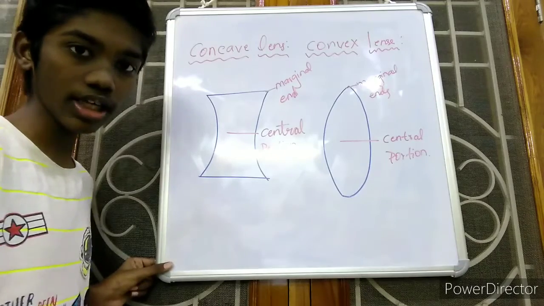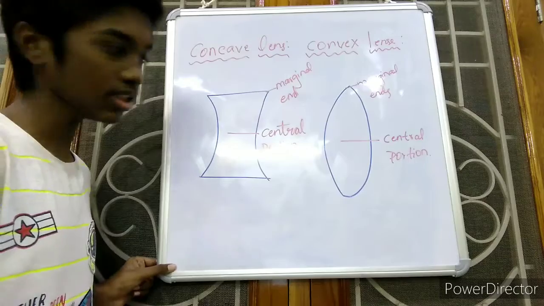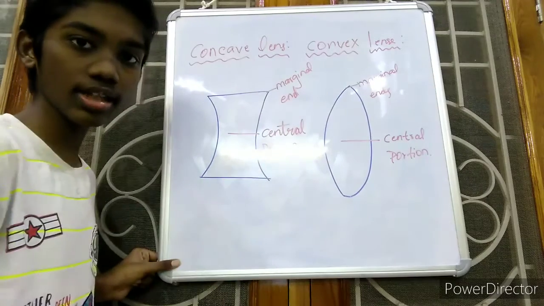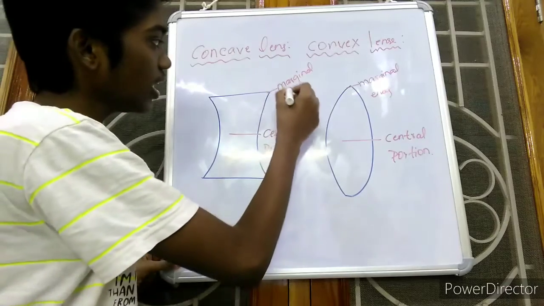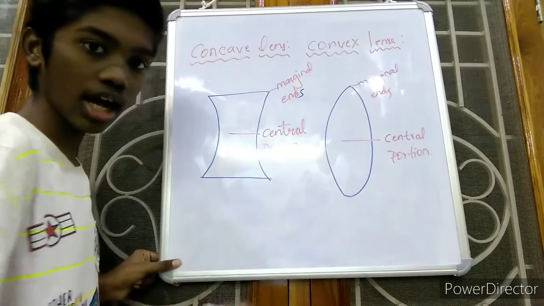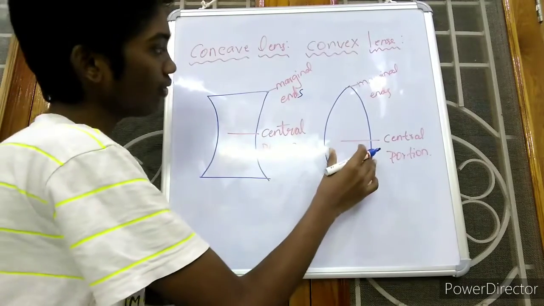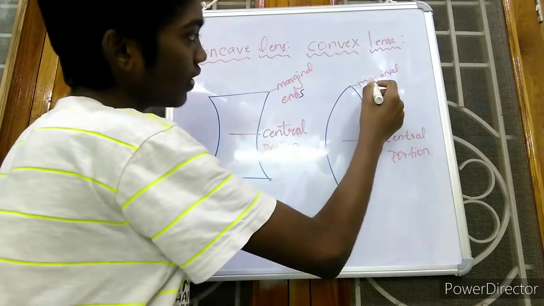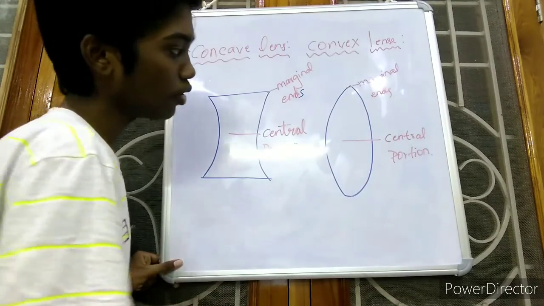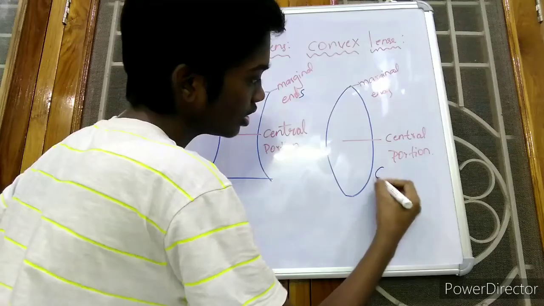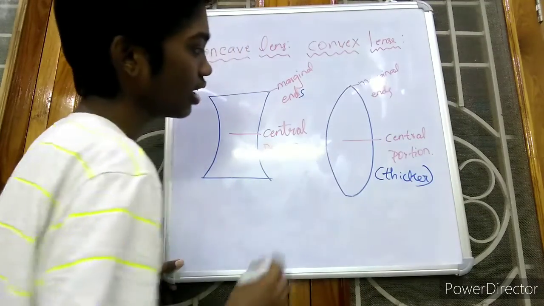We can define a concave lens as a transparent medium whose marginal ends are thicker than its central portion. That is, the marginal ends of the concave lens are thicker than the central portion. Coming to the convex lens, the marginal ends are not thicker than the central portion. We can say that the central portion is thicker than the marginal ends.